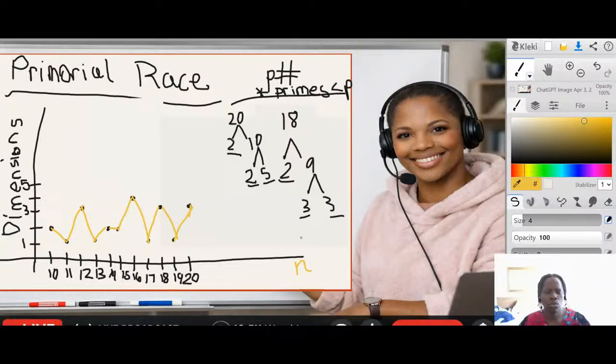And so this is dimensional analysis. We figure out what dimension these numbers lie in just by their factor tree and telling how many prime numbers make up that number. Okay, so that's it really, for primordial race.